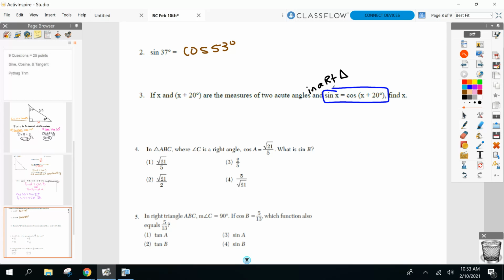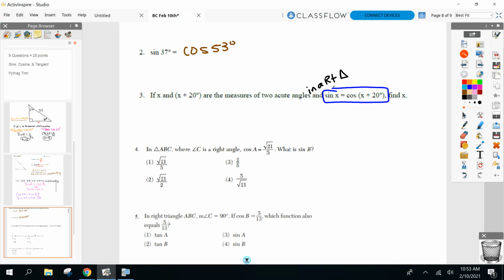And I get it. You look at it, and the habit you're probably already in is to set x equal to x plus 20. Then you just didn't see what I just did this whole class. When are sine and cosine equal? When I know what about x and x plus 20? They have to be complementary.